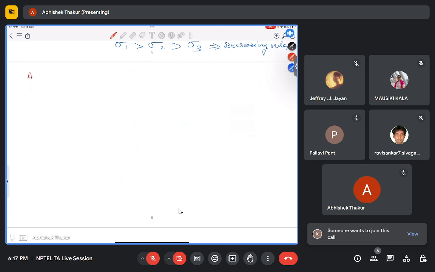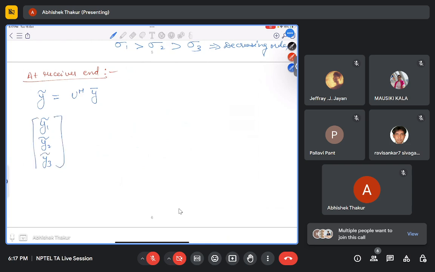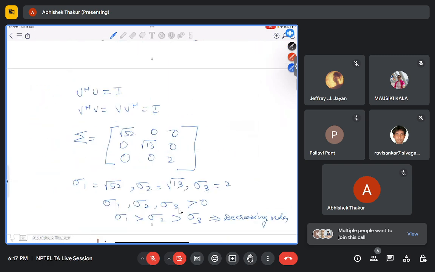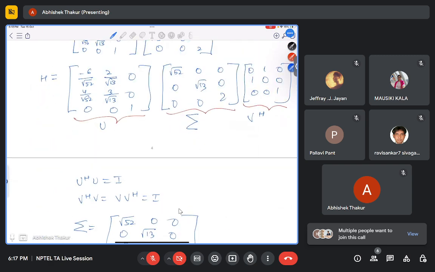Now at the receiver end, we have to get back the transmitted symbol. So the estimated value y tilde is equal to U Hermitian y.